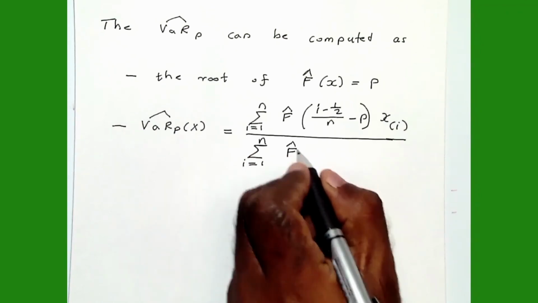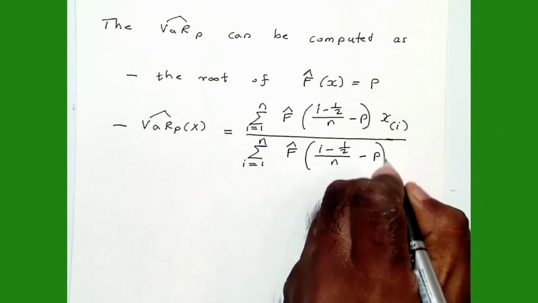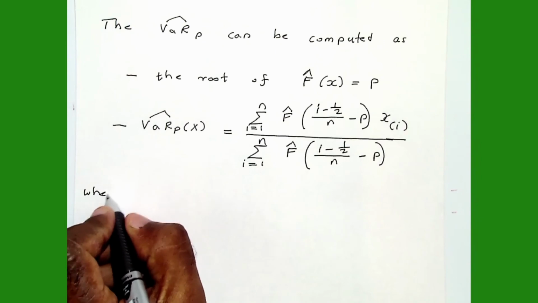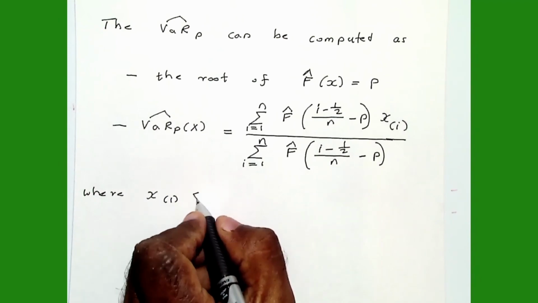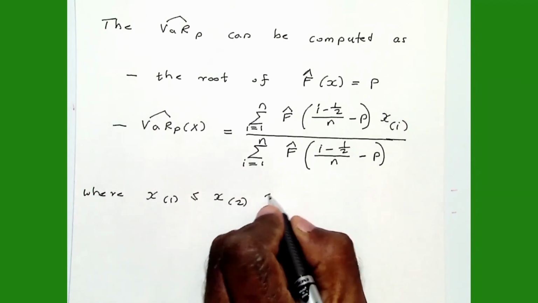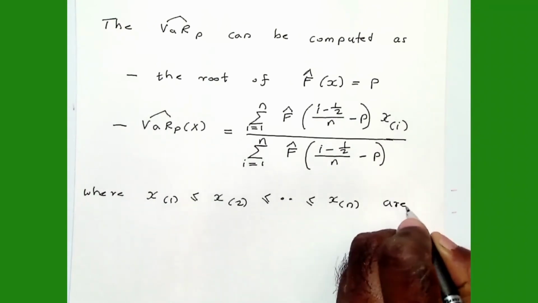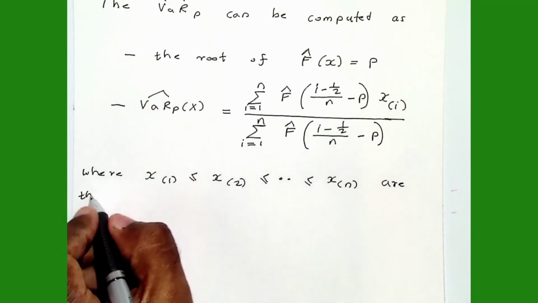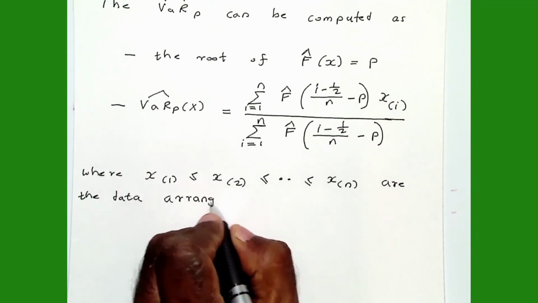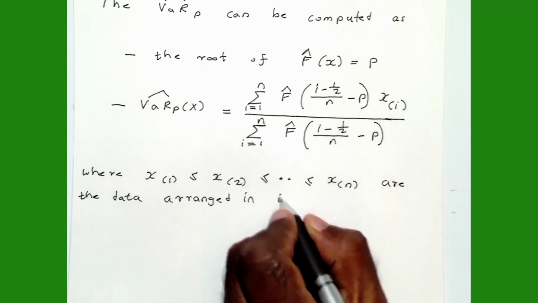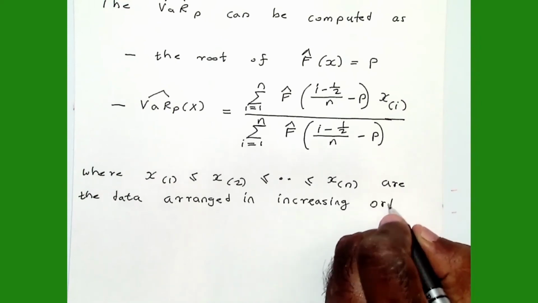And then you have divided by this, where the data are arranged in increasing order.